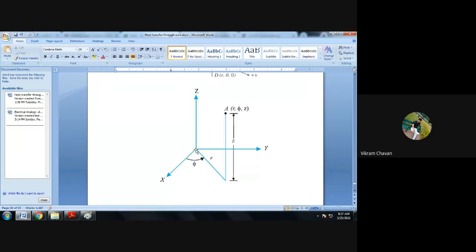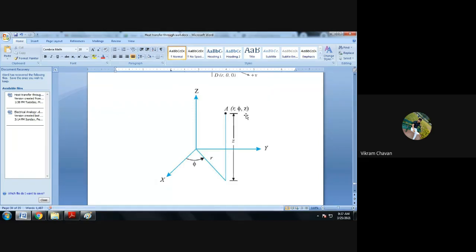The angle made by the line joining the point with the center and the x-axis will be considered as phi, and the height from the base plane will be considered as z. So the coordinates of a point in a cylindrical coordinate system are r, phi, and z.